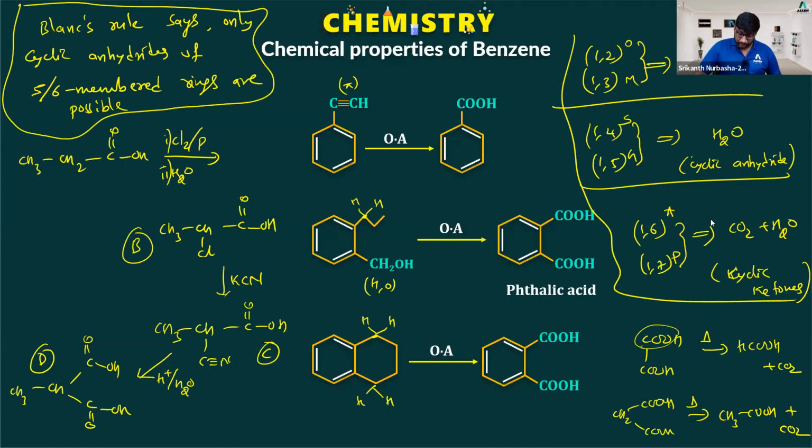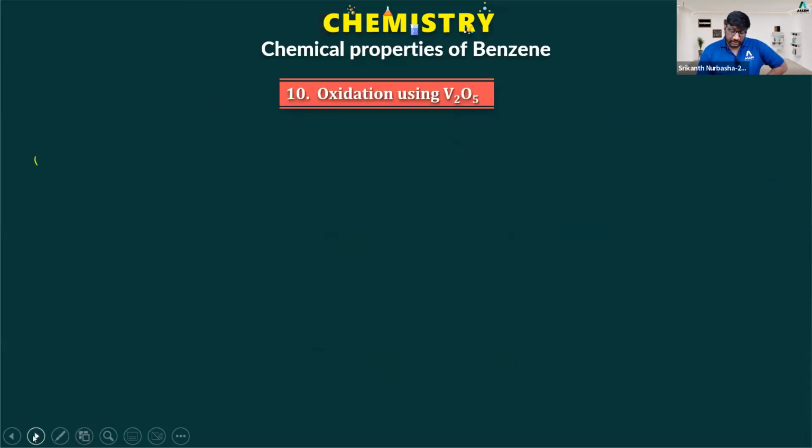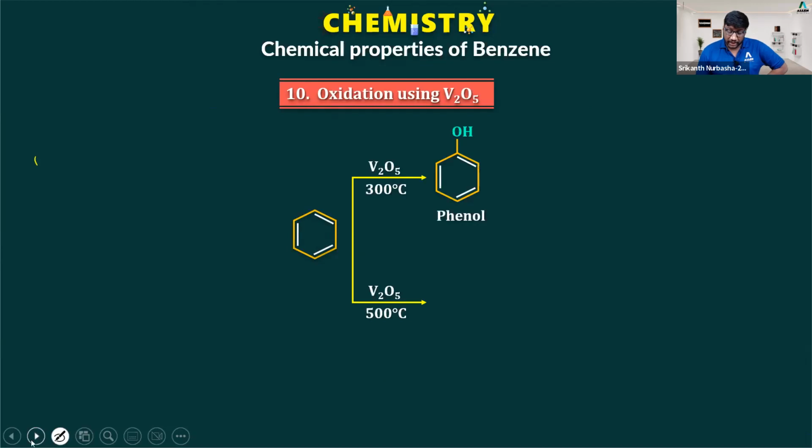Okay, students. So these dicarboxylic acids or similar compounds can be obtained using the HVZ reaction and oxidation reactions. All these are useful for us. Whenever you oxidize using V2O5, benzene treated with V2O5 at 300 degrees Celsius gives phenol.